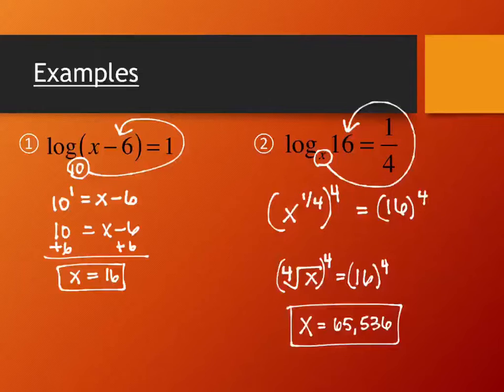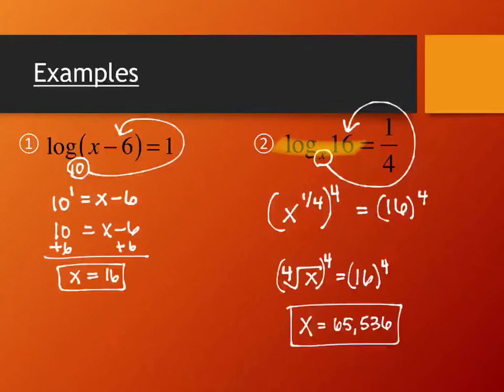What could you do if you wanted to check that your answer to number 2 were right? You could actually go back clear to the very beginning and take a look at that change of base formula.